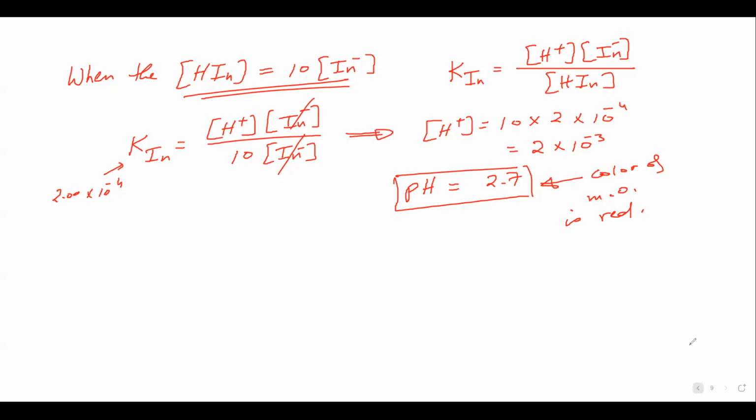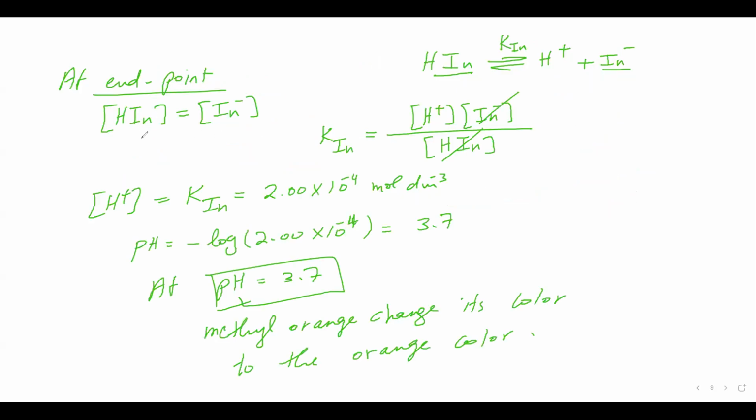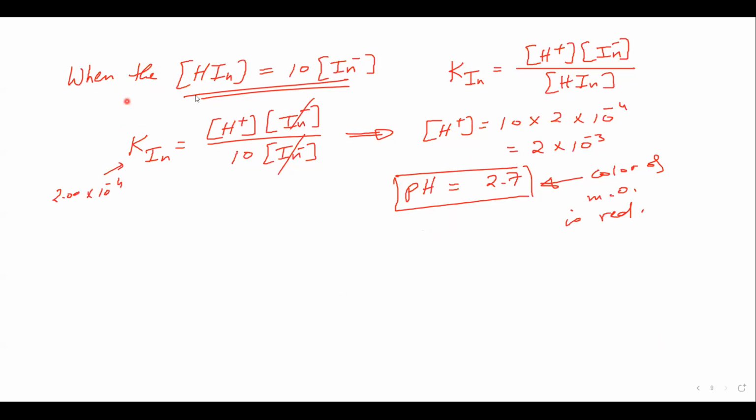It is orange when the concentration of HIN and IN negative are equal. And so the pH will be 3.7. And it is red if the concentration of HIN is 10 times the concentration of IN negative. So by substitution, we found that the pH is equal to 2.7.